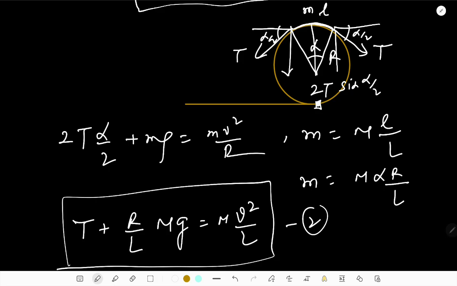ये बॉडीज में दिस इज अ गुड आइडिया कि forget you want to use work energy theorem in a big case, in a long rope or long rod or something like that, and you want to find the work done, not the work done by all the forces, but work done by tension force or something like that.